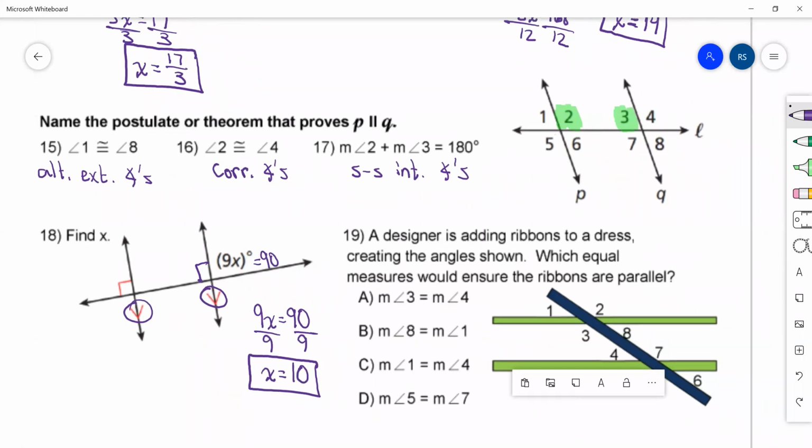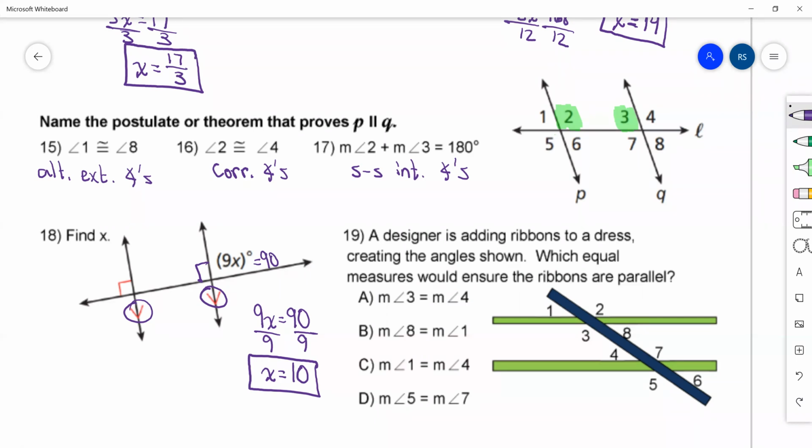Okay, last one. So the designer is adding ribbons to a dress to create the angle shown. Which equal measures ensure the ribbons are parallel? So we have to find one that gives us one of our relationships.